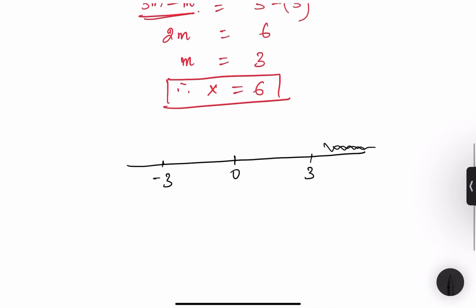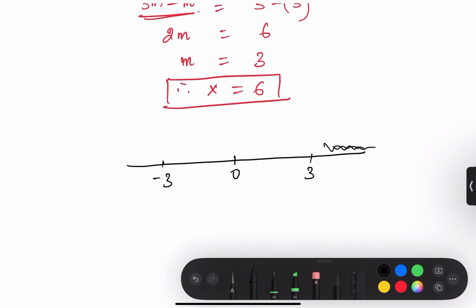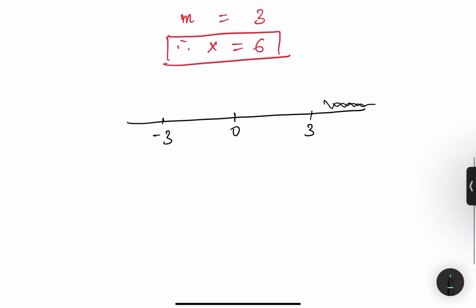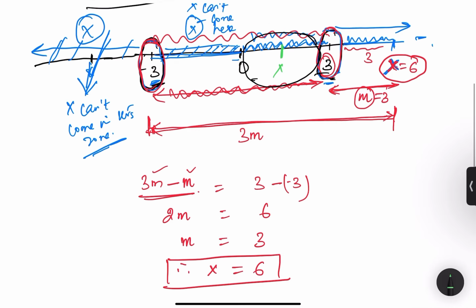Okay. So let's keep the color as green. So let's say x falls here. So when x falls here, the distance between x and 3 is, let's say, n, and the distance between minus 3 and x will be 3 times n from the given equation.